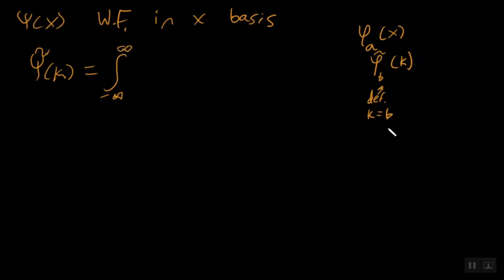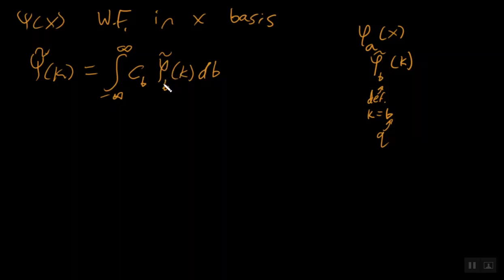This is our q, which is c sub b times phi tilde sub b of k, db, summing or taking the integral, depending on whether you're looking at the continuous or discrete case.